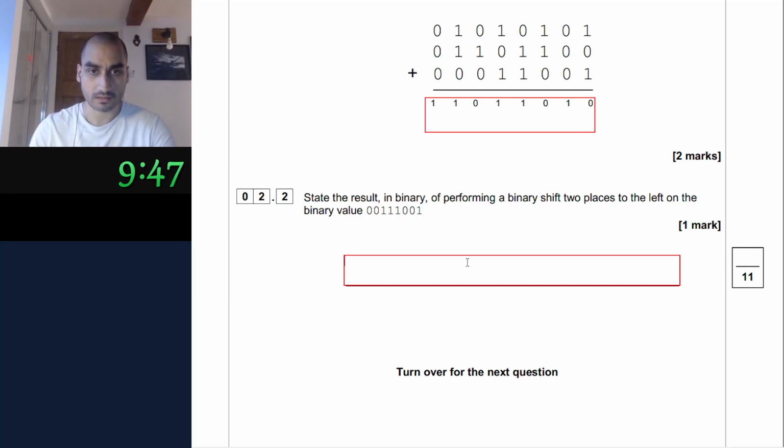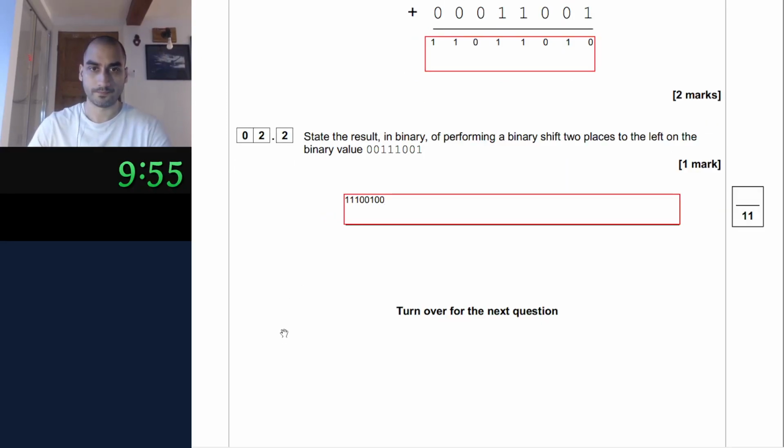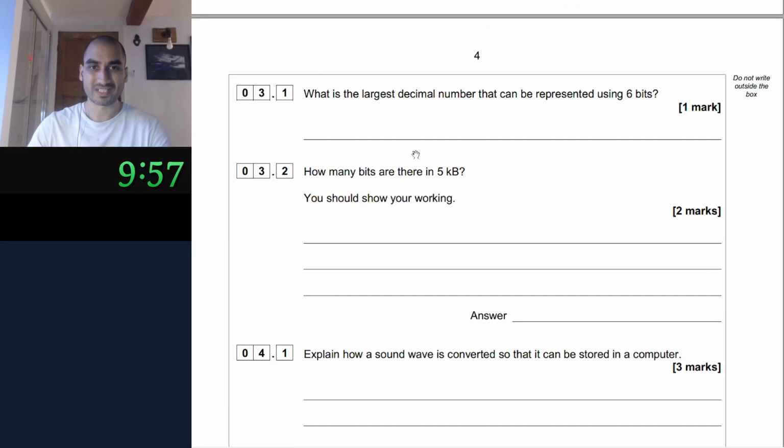So it's just going to be 1, 1, 1, 0, 0, 1, and then put 2 zeros at the end. What is the largest decimal number that can be represented using 6 bits? So it would be 2 to the 6 minus 1. So 63.